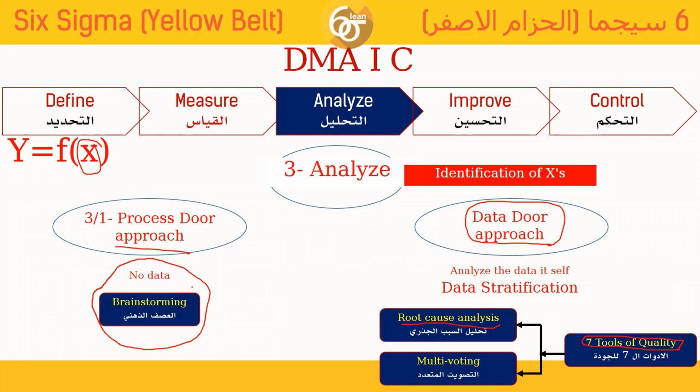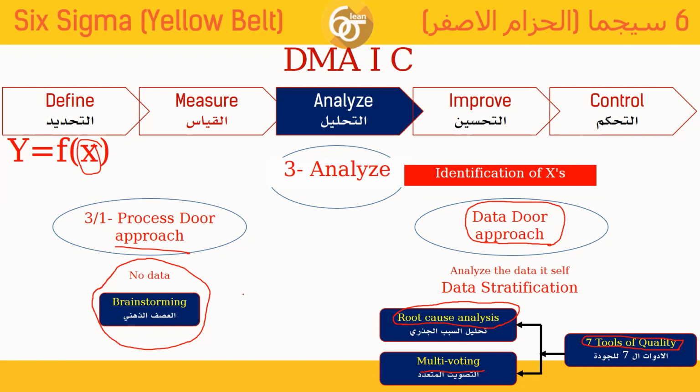No, root cause analysis will be explained during our explanation of brainstorming, the 7 tools of quality, and multi-voting, because root cause analysis is something shared between all these types of identifying the X. All these tools, in the end, need you to analyze the root cause. So we will not speak about it as a separate subject, but during our explanation, you will know what the root cause is and how you will analyze it.